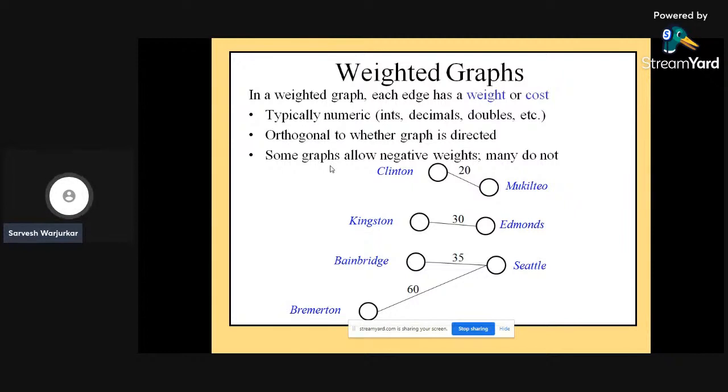And next is the weighted graph. There are various types of graph: weighted graph, unweighted graph, directed graph, undirected graph. As the name suggests, it is weighted.